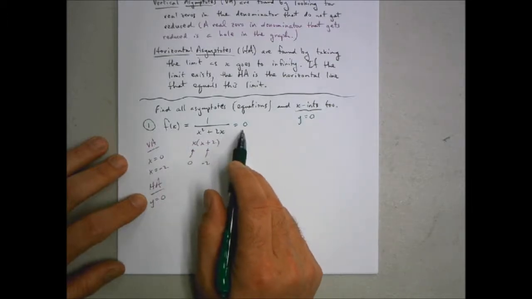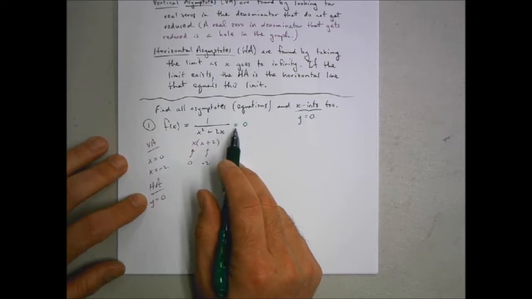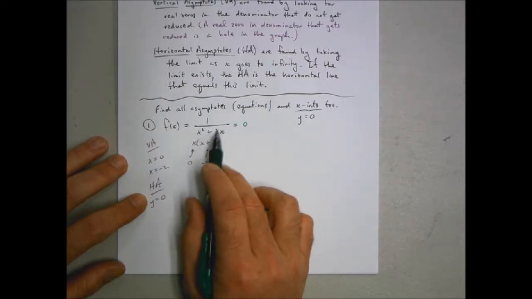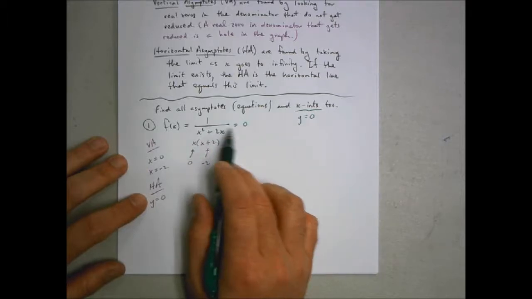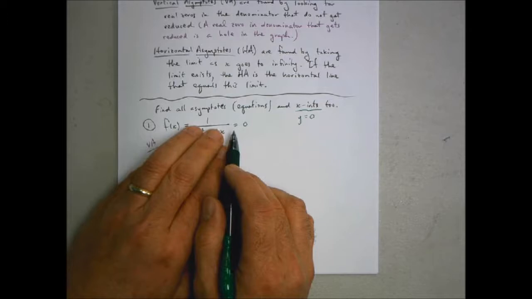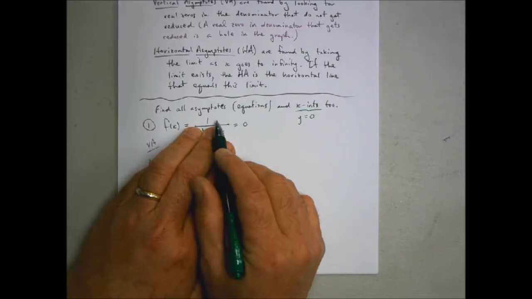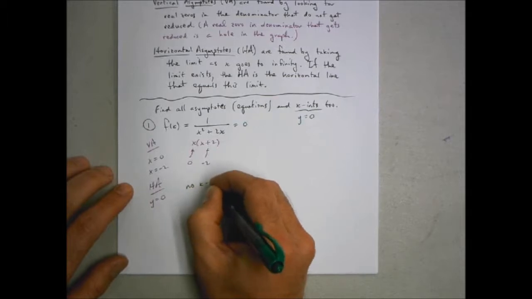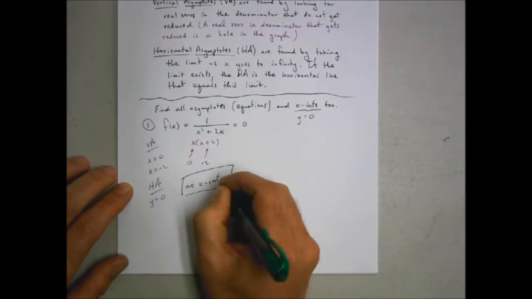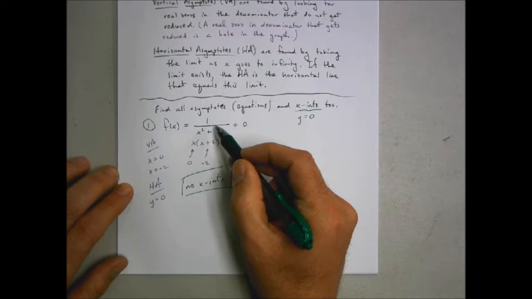No. So if you have just a single fraction equaling 0, the only way is if the numerator equals 0. Can 1 equal 0? No, there are no x-intercepts for this one. You'd have to have some x's of some sort up in the numerator for there to be any x-intercepts.